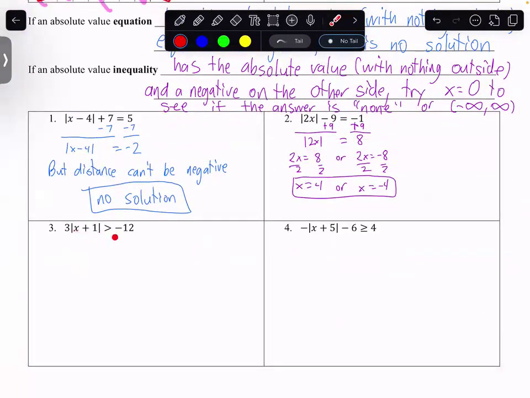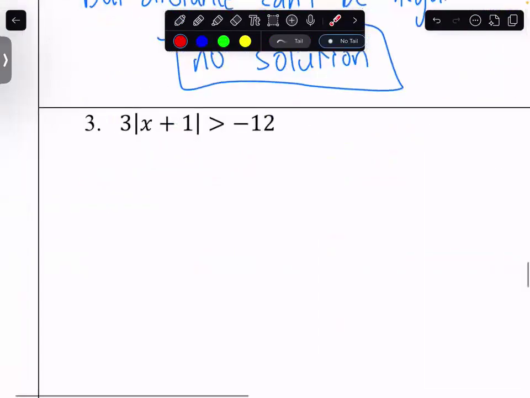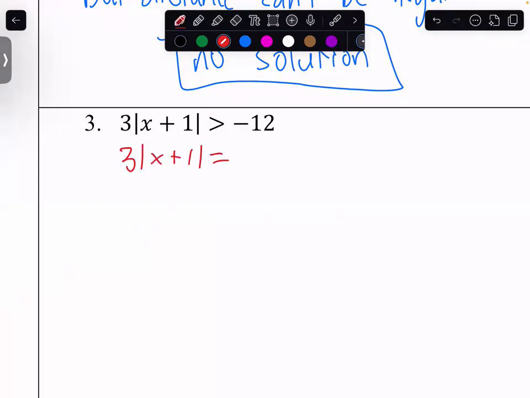Okay, so let's go ahead and try applying this to problem 3. So as always, with inequality, we temporarily pretend it's an equal sign. We want to get the absolute value by itself. So to undo the 3 in front, we divide both sides by 3.